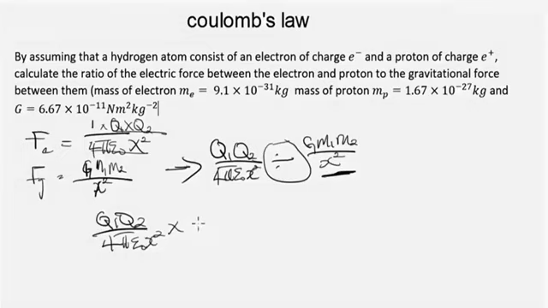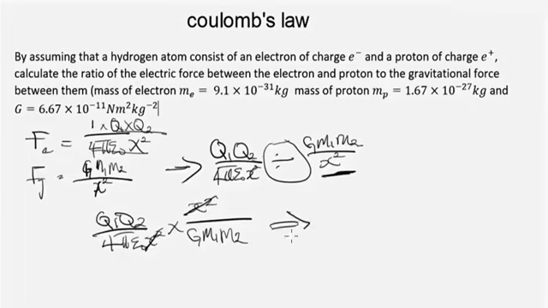x squared over G M1 M2. Now notice we have x squared here and we have x squared here, so we can cancel off x squared.